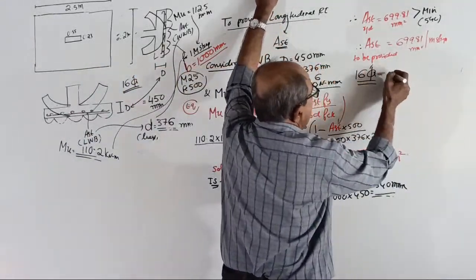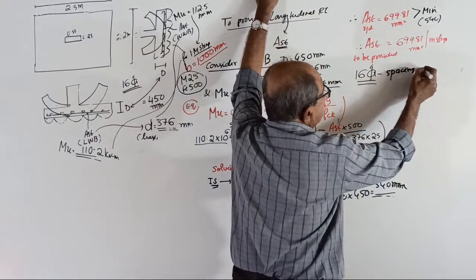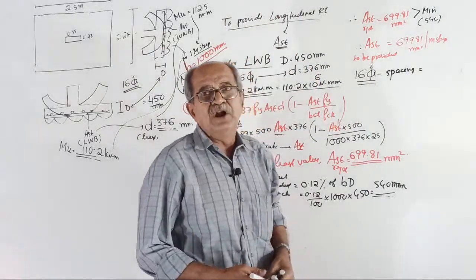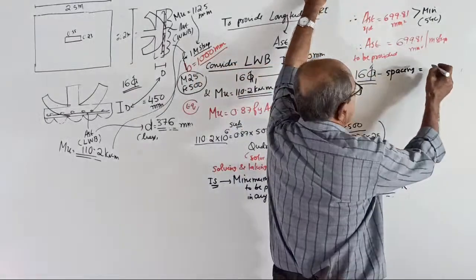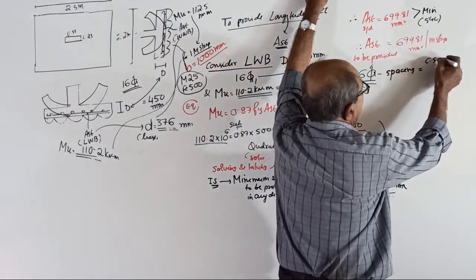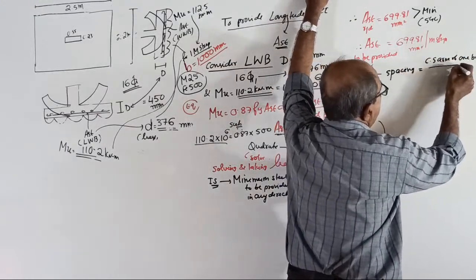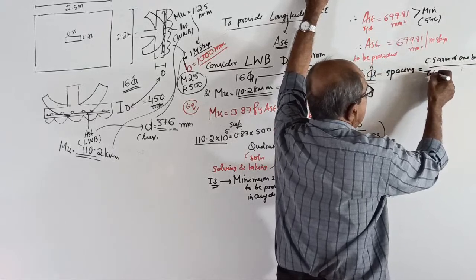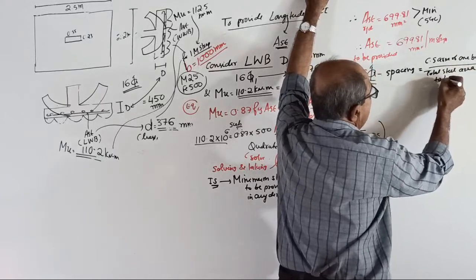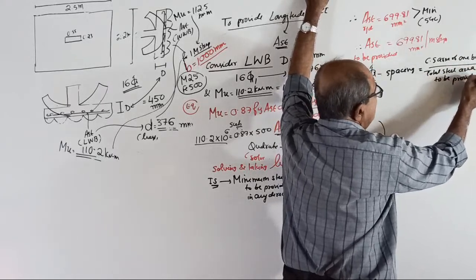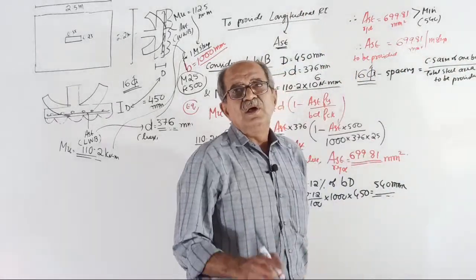With 16 Tor, find spacing of bars. Spacing formula: first of all, I should not have to give it, you know it, but there are newcomers. Formula for spacing is cross-sectional area of one bar divided by total steel area to be provided, multiplied by B. That is the formula for spacing.